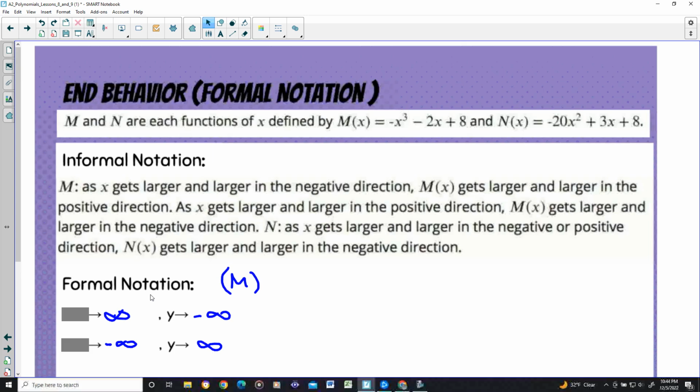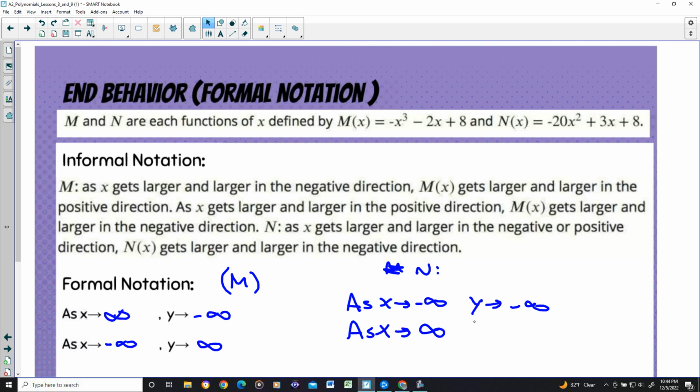What about for n? In both cases for n, as x approaches negative infinity, in other words, with large negative numbers, what's going to happen? Again, positive times negative, y approaches negative infinity. You get negatives. As x approaches positive infinity, y approaches also negative infinity.